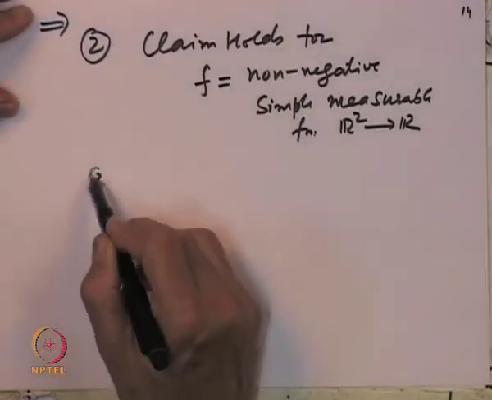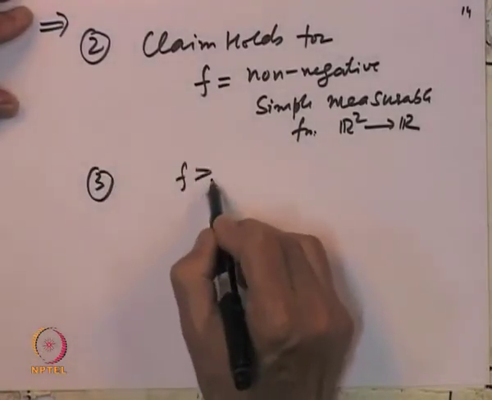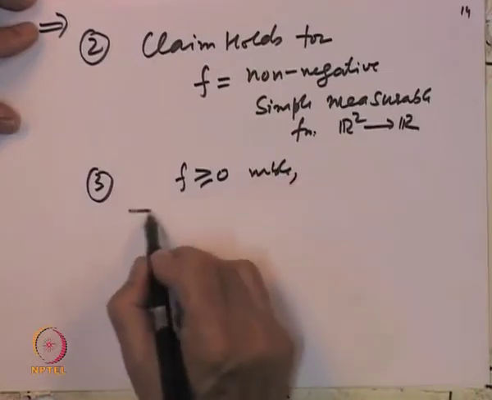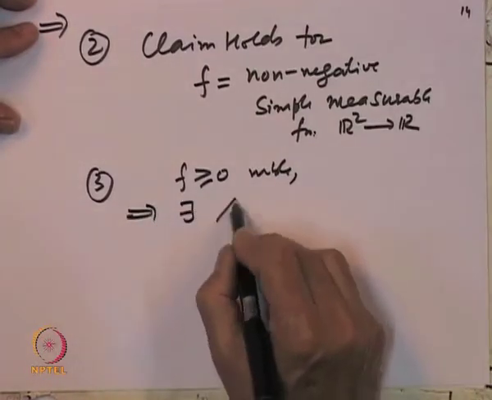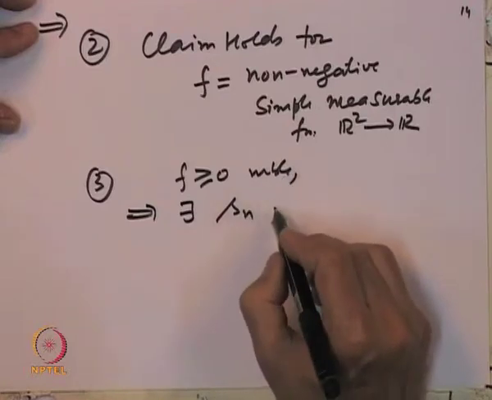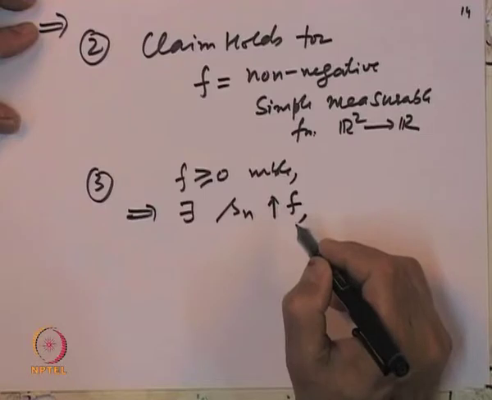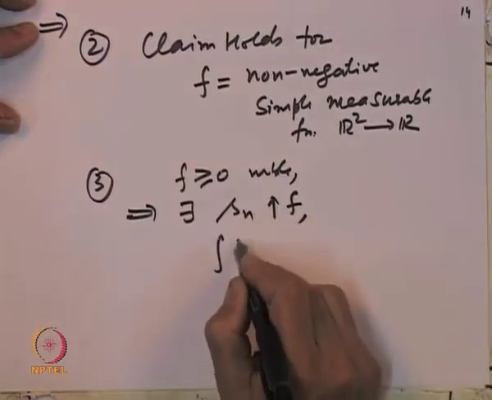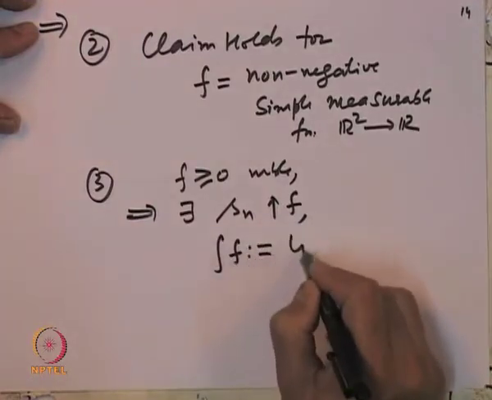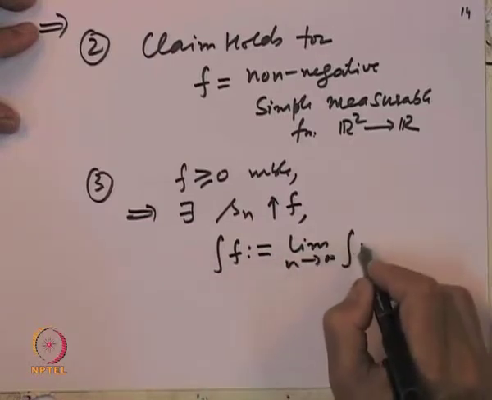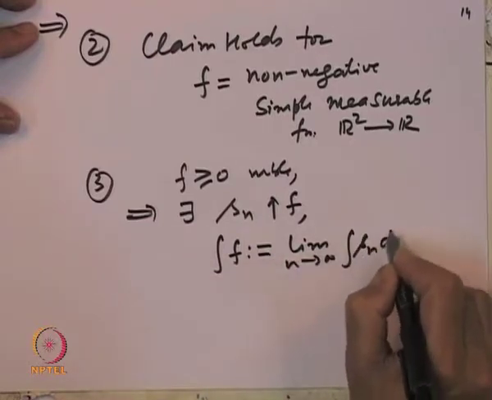And the third step: if f is non-negative measurable, then there exists a sequence S_n of non-negative simple measurable functions increasing to f, and the integral of f is equal to the limit, as n goes to infinity, of the integral of S_n d lambda.